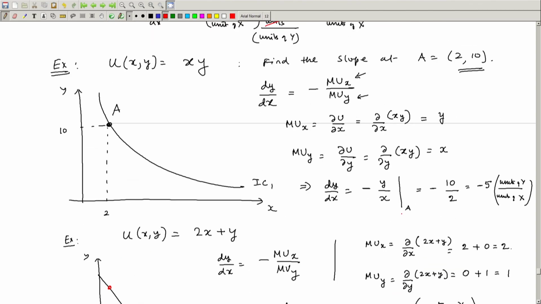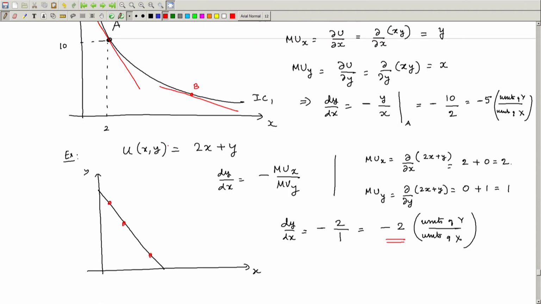But that is not true for the previous example of u(x, y) equals x times y. Here, because the indifference curve is not a straight line but a curve, the value of the slope at various points is going to be different. Pictorially also you can see, if I draw a tangent here, this is what it is going to look like. If I wanted to compute the slope at some other point B, the tangent is going to look somewhat like this. So, go back and try these examples again so that you understand them better.